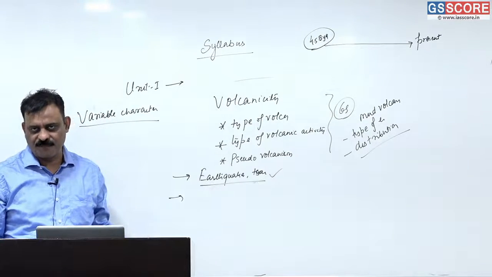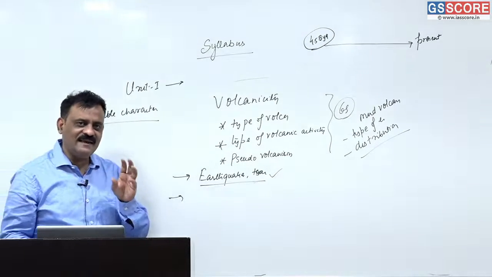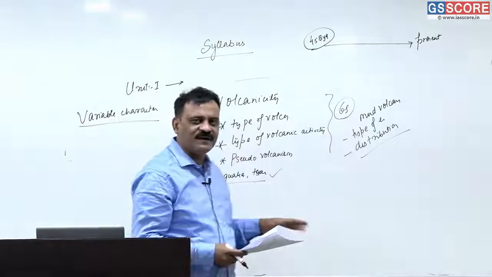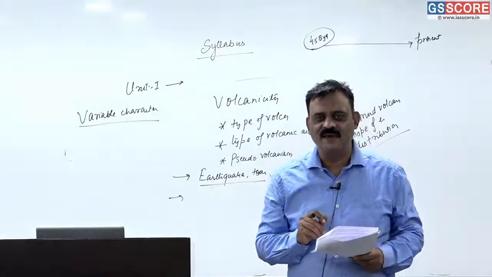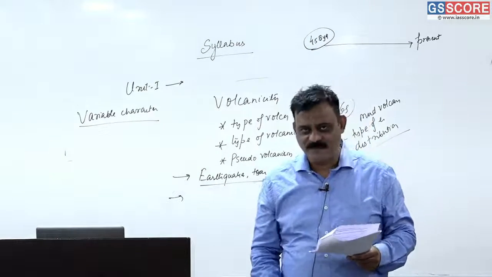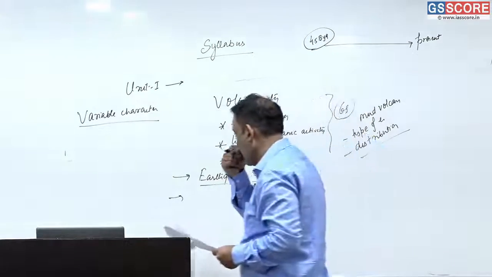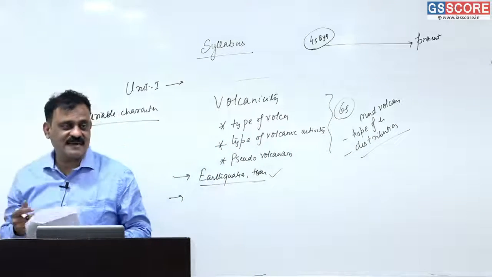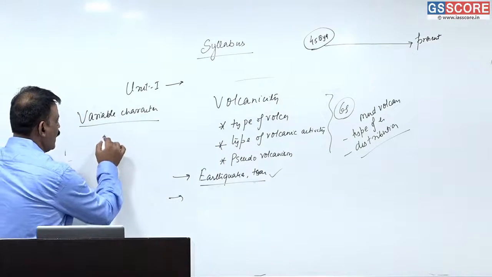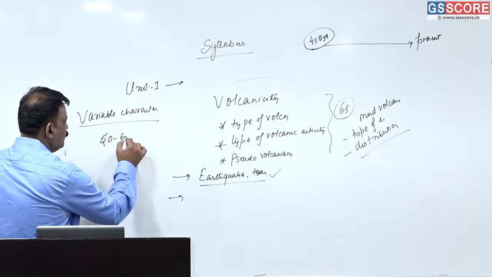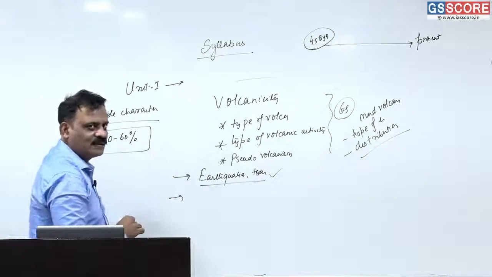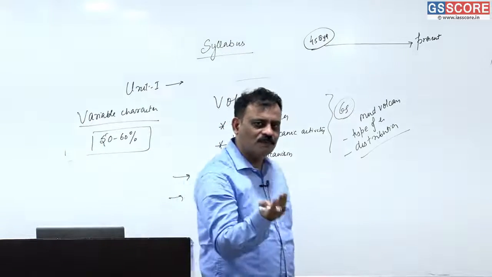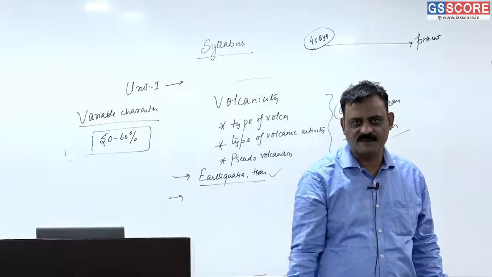So I think with this discussion, you have an idea of how much percentage of your geomorphology is a part of your GS syllabus. And if not exaggerated, then I must say that approximately 50 to 60% of your geomorphology syllabus is a part of your general studies syllabus.